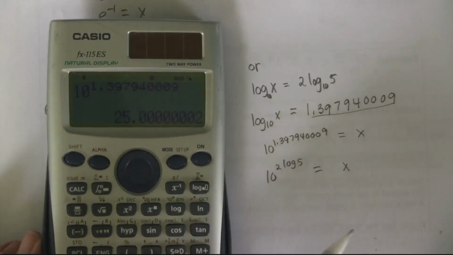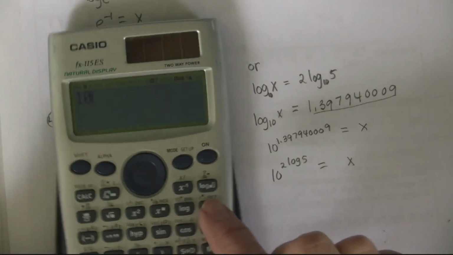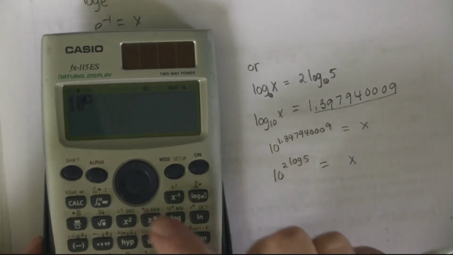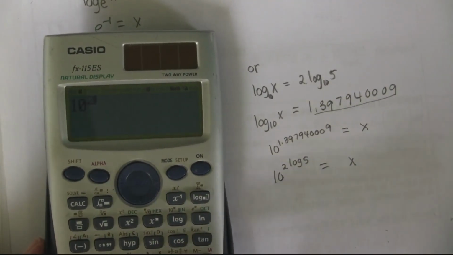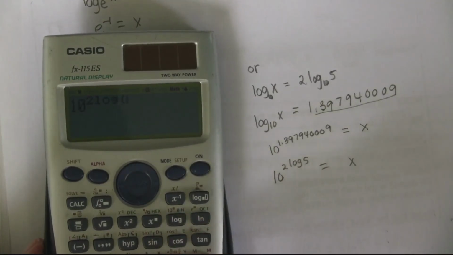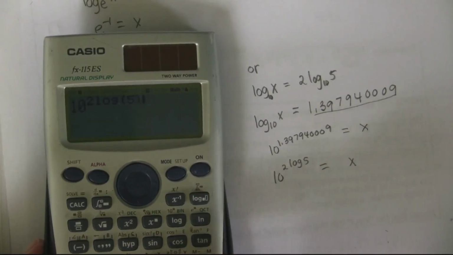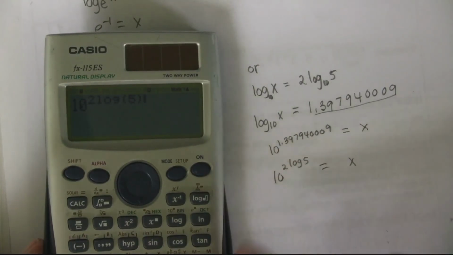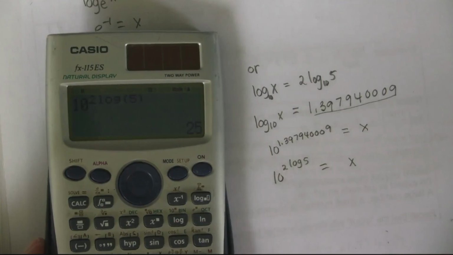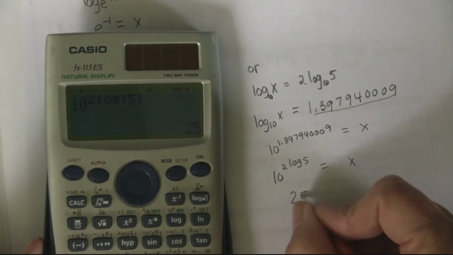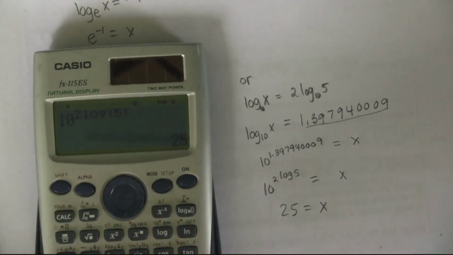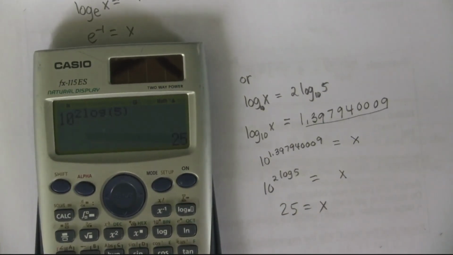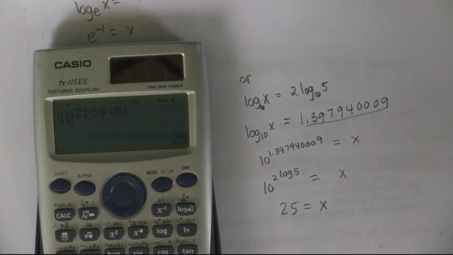Now, when I do it exact, let's try it. I do 10 raised to 2 times log 5, and it gives me exactly 25. So I guess there are 3 ways of doing it. One involved a bunch of rounding and the other did not.